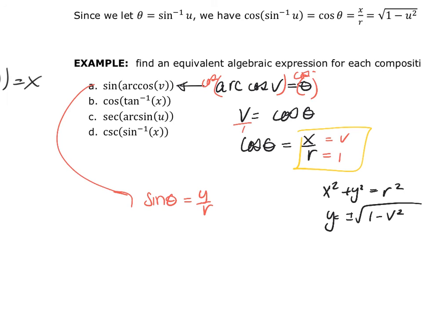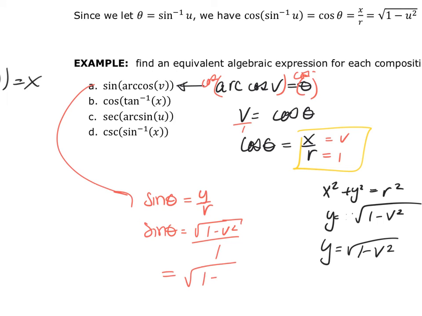Because x is positive and r is positive and the arc cosine is defined in quadrants 1 and 2, we know that it is the positive. So it is the positive square root. So y is equal to the square root of 1 minus v squared. That means the sine of theta is equal to the square root of 1 minus v squared over 1, or in other words, my final answer is the square root of 1 minus v squared.